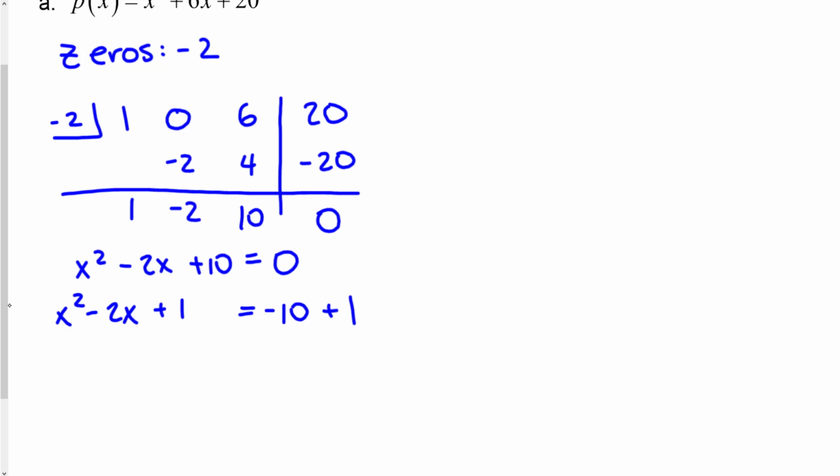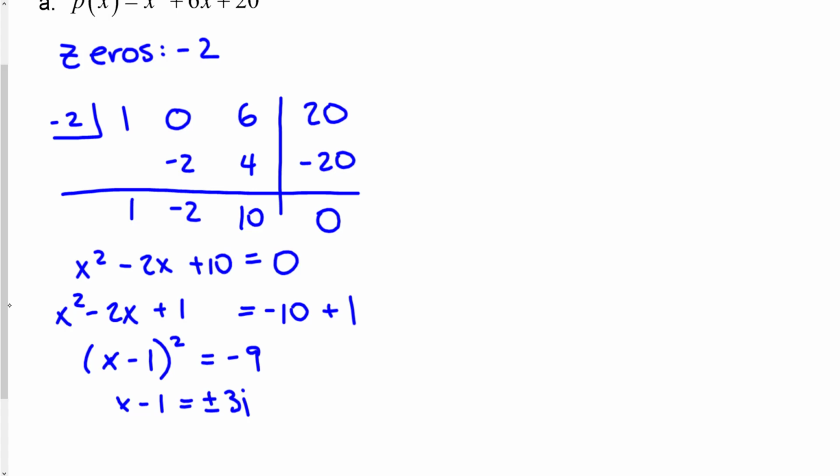So then this becomes x minus 1 quantity squared equals -9, and x minus 1 equals plus or minus 3i. So 9 is a perfect square. When you take the square root, you get 3.